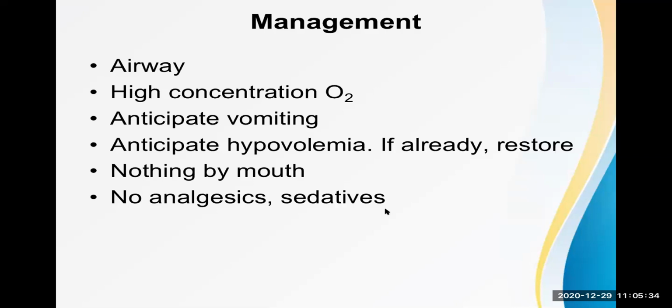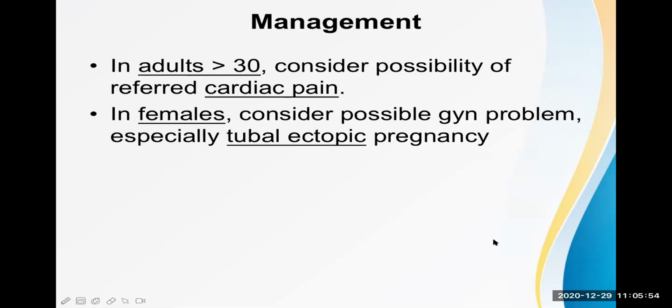The patient may suffer further because of this. Delay in diagnosis can rupture the appendix. It can lead to peritonitis and all those things. So before you make your final diagnosis, do not give analgesics to suppress the physical findings. But after you make the diagnosis, definitely it is given.